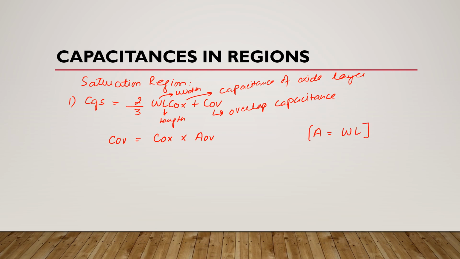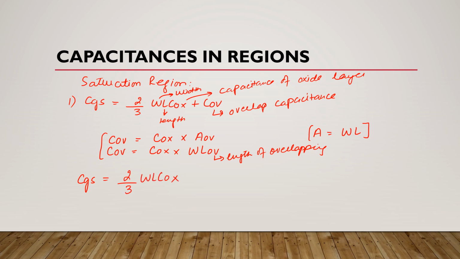So we can write this equation like this, where this is length of overlapping. Okay. So now this formula of gate to source capacitance can be written like this.